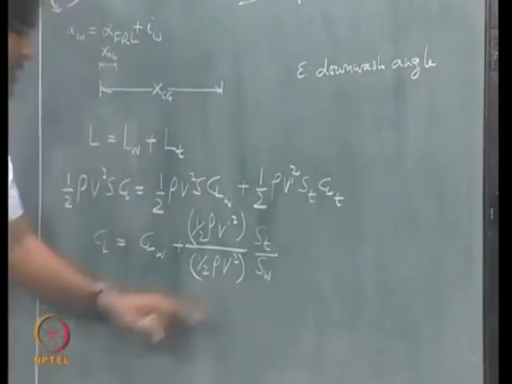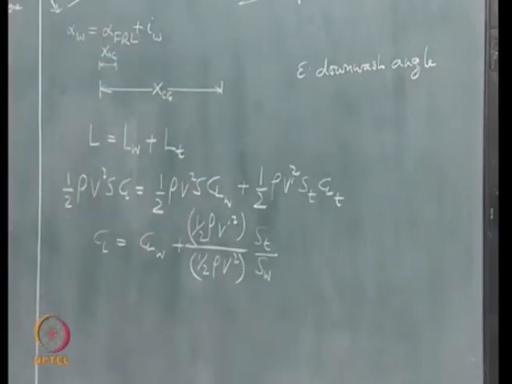So you can also write this as SW because wing planform area is the one which I am using as a reference area, right.